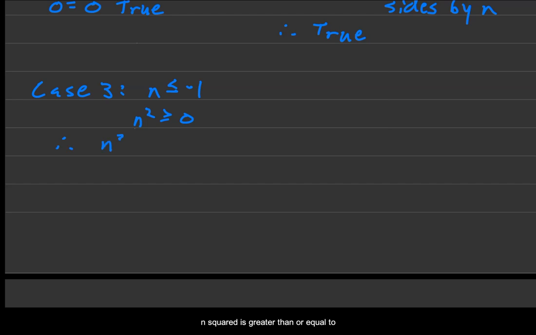Therefore, n squared is greater than or equal to n. And this concludes the proof because we've examined each one of the three possible cases. All cases where the values would change have been covered, and they have all three been examined to be true.